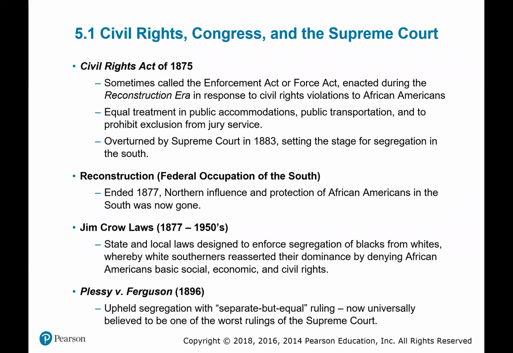And this was during Reconstruction, of course. This actually guaranteed equal treatment in public accommodations and public transportation, and prohibited exclusion from jury service, among other things. Unfortunately, the Supreme Court overturned it in 1883, which began this move towards segregation in the South.